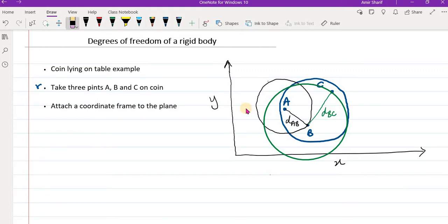And same we can do for point A. I don't know why it's not drawing.